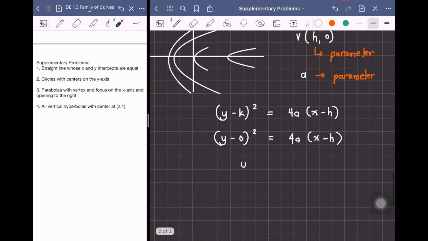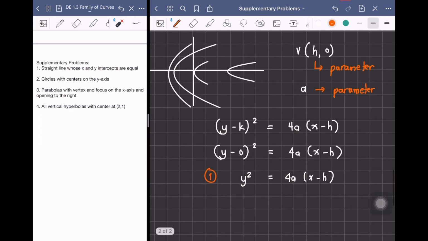So simplifying, that's y squared equal to 4a times x minus h. This will be your equation 1 that represents this family of curves. So in this equation, we have two arbitrary constants or two parameters to eliminate. You have both h and a.